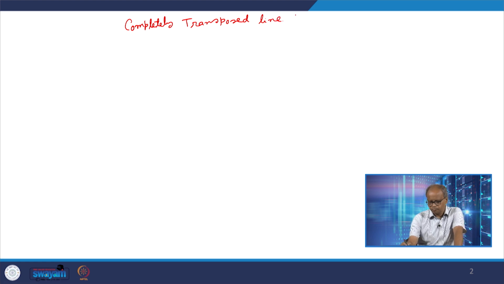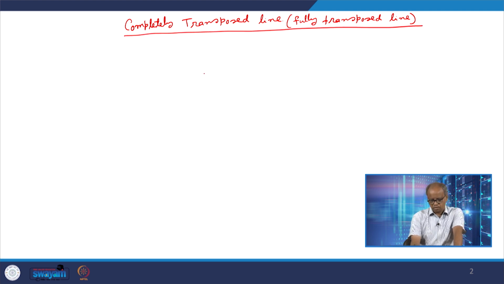It is also called fully transposed line, that is also the name. Basically the completely transposed line or fully transposed line basically is S1 is equal to S2 is equal to S3 is equal to 1 by 3 into S.